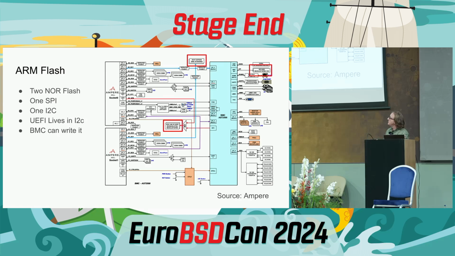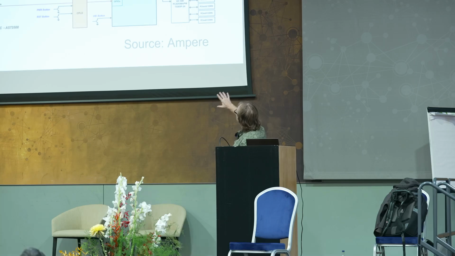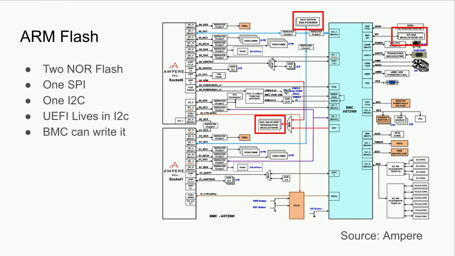So this is a bit of an eye chart, and I don't expect people to look at it too extensively, but this is a block diagram of an ARM64 system, and it shows that the SPI is multiplexed between the main CPUs and the BMC, and the BMC up on the upper right has its own image that's managed separately.